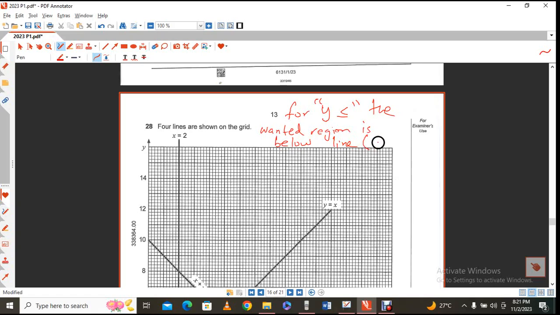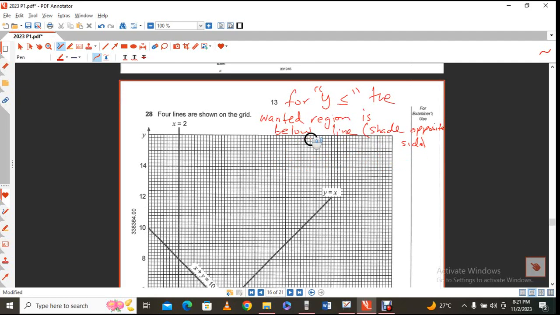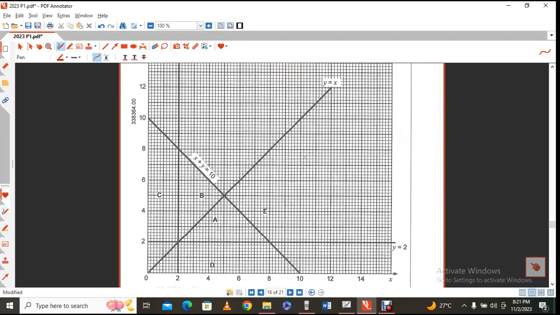If you were to shade, for example, you would shade the opposite side, but we're not shading here. I'm just writing it down anyway. So the wanted region is below the line. We are now looking for which one satisfies all of them. So let me just say I'm shading. So y plus x, let's say it was less than or equal to.